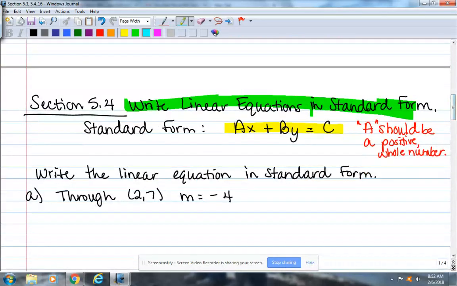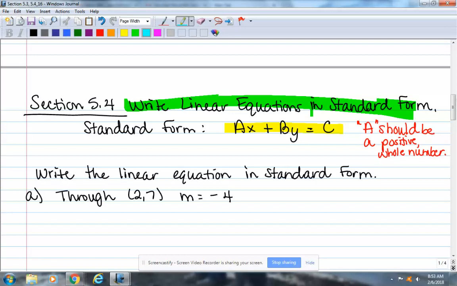Next, we're moving on to standard form, which is going to take us a little bit longer. Standard form is ax plus by equals c. And a, b, and c are all numbers.